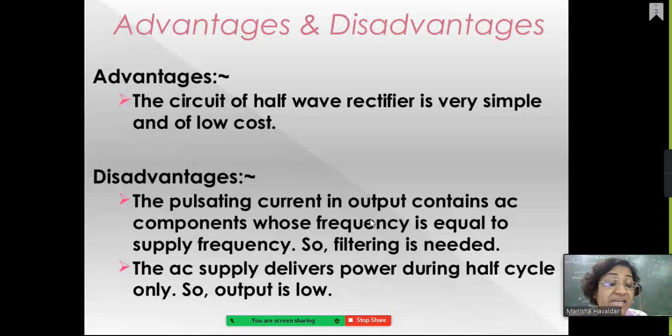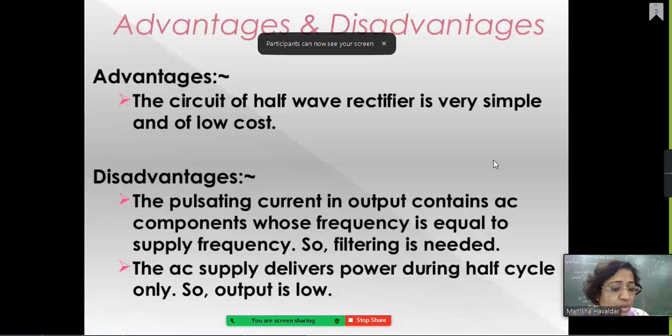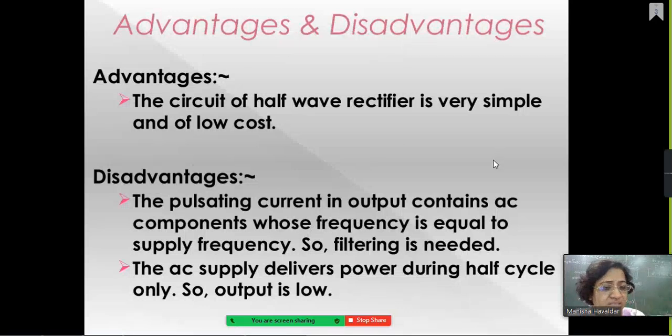Since it is pulsating in nature, it also contains ripple voltage or AC signal superimposed on DC signal. Okay, so that is there in this output wave also, which is unwanted. To remove that unwanted thing, we need a filter. This AC supply delivers power during half cycle only. So output is low, as we just saw.